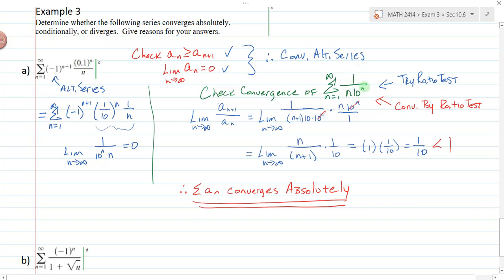Then we checked the convergence of this series by using the ratio test. The ratio test says that we look at the limit as n approaches infinity of a sub n plus 1 over a sub n. We saw what canceled out. We saw that that limit was equal to a number less than 1. That meant that the absolute value of our alternating series converged by the ratio test, and since the absolute value converges, our series right here converges absolutely.